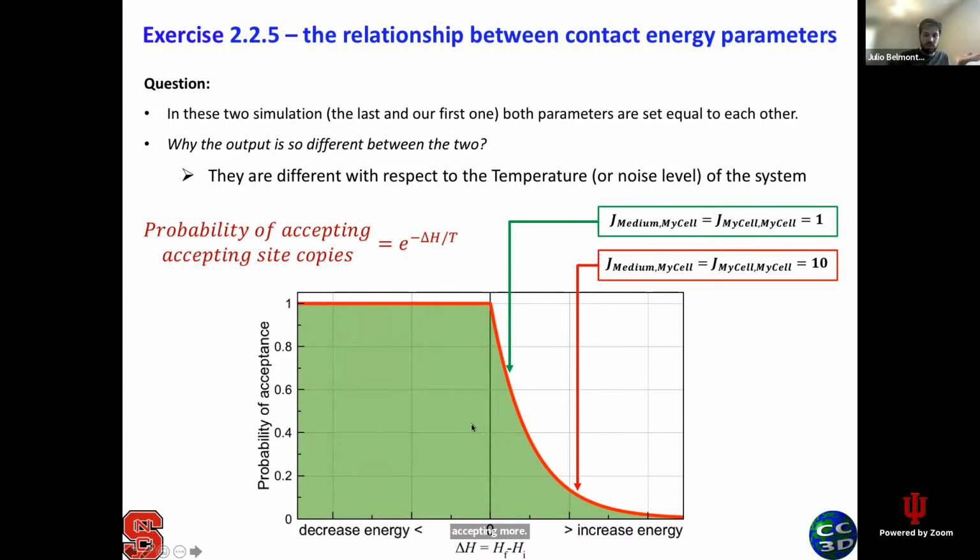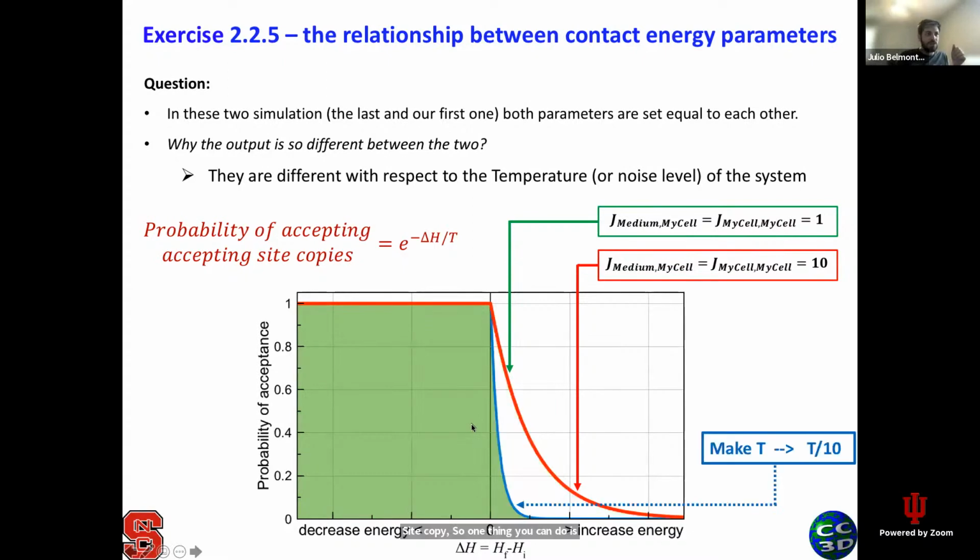So one thing you can do is decrease the contact energy between cells and between cells and medium from 10 to 1, but also make your temperature 10 times smaller, back to 1. Then this exponential curve has a different shape, right? And if you now do your simulation with this, your acceptance probability will be around here, about the same as you had before.